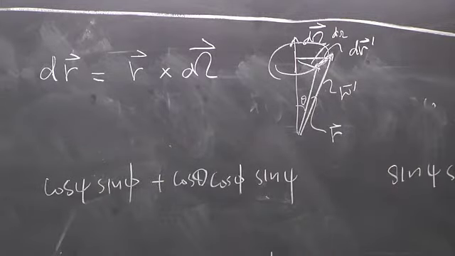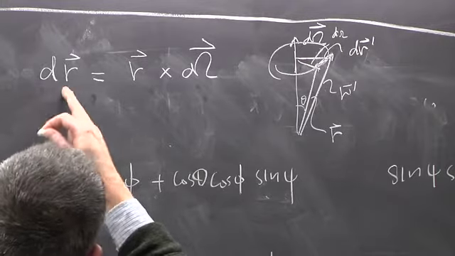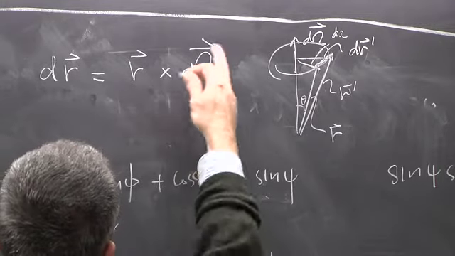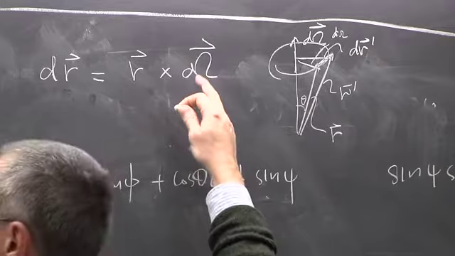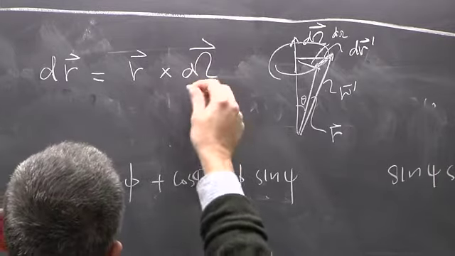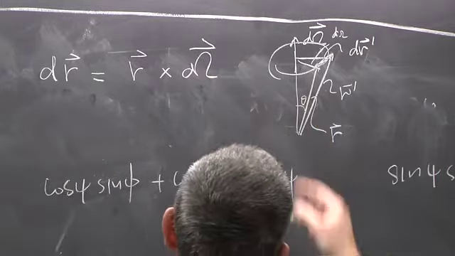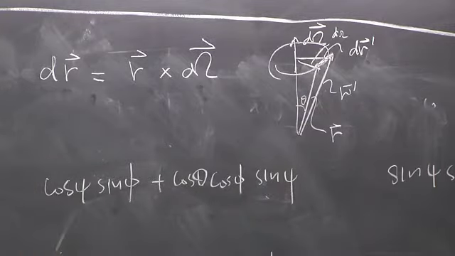So you see, I can describe the change of my vector under this rotation, and I don't need a matrix. I only need a vector that is defined in this way. Okay? Now, why am I doing this? Why is it interesting to look into infinitesimal rotations?